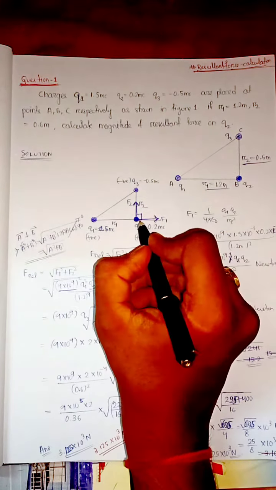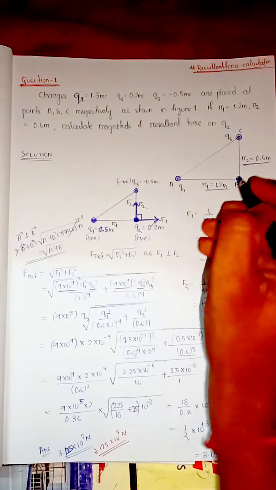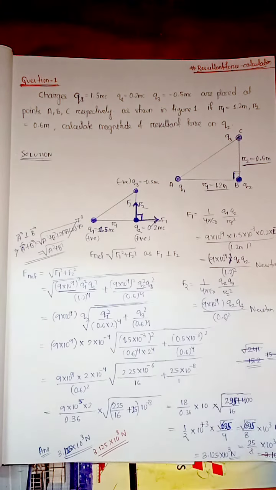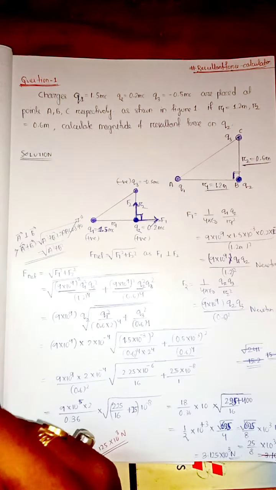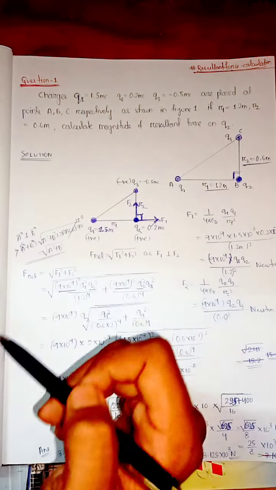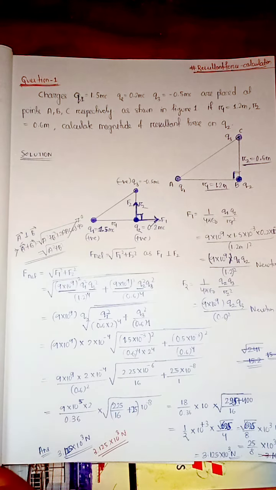As this force is in this direction and this is in this direction, and this is a right angle triangle, the angle is 90 degrees. When the two vectors are at 90 degrees, cos 90 will be 0, so their net resultant magnitude will be the square root of a square plus b square.